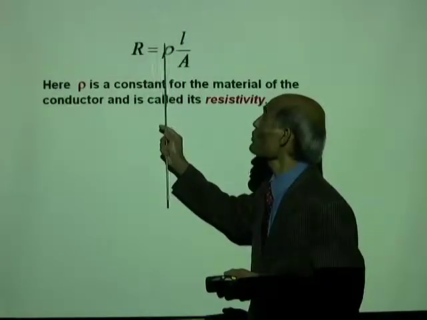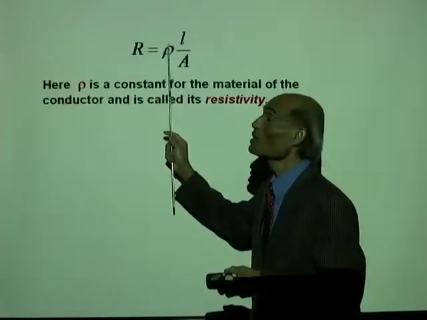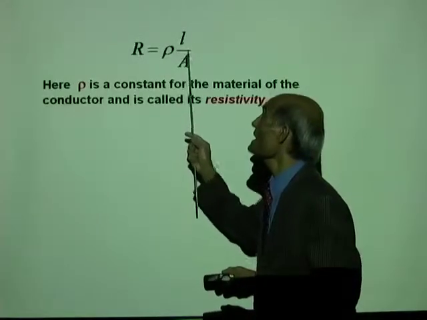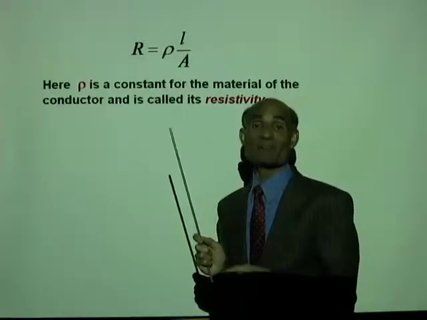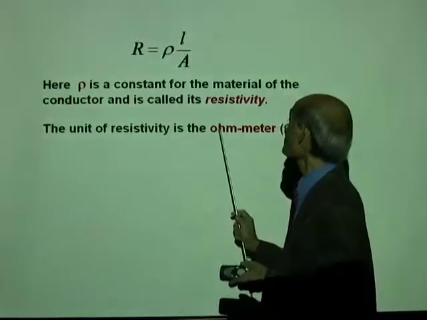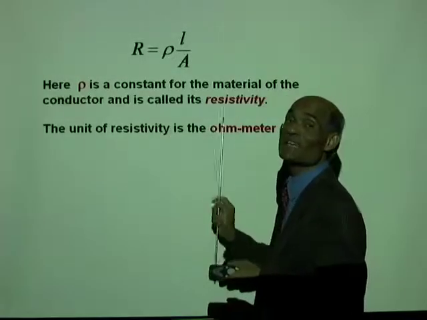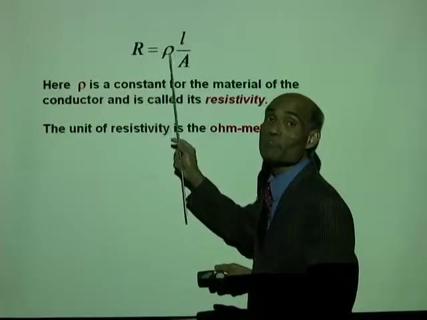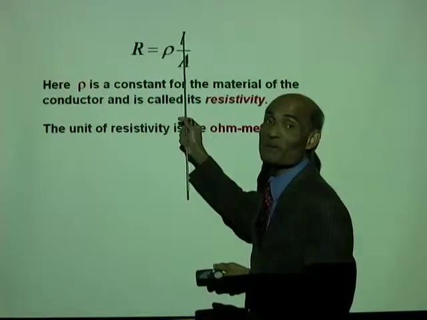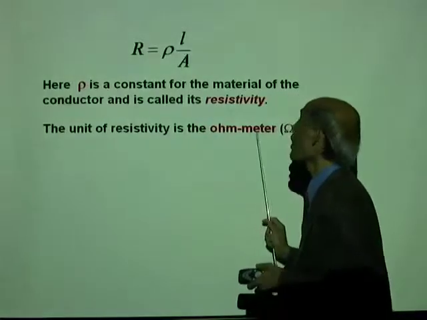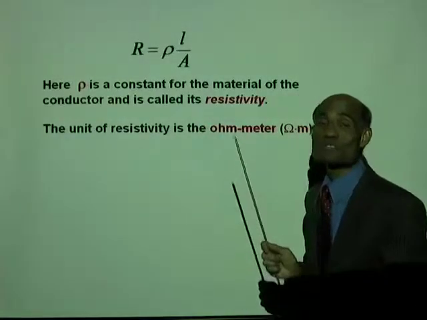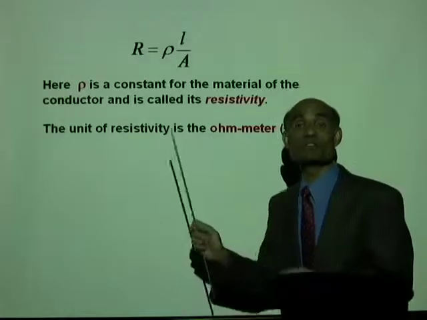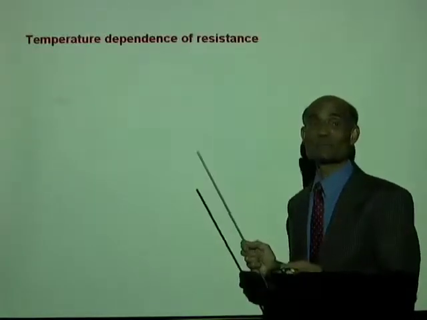If you solve for rho, rho will be RA divided by L. The unit of resistivity is ohm-meter. Can you get that from here? R times A, ohm meter squared, divided by meter will give you ohm-meter. So resistivity is measured in a unit called ohm-meter.